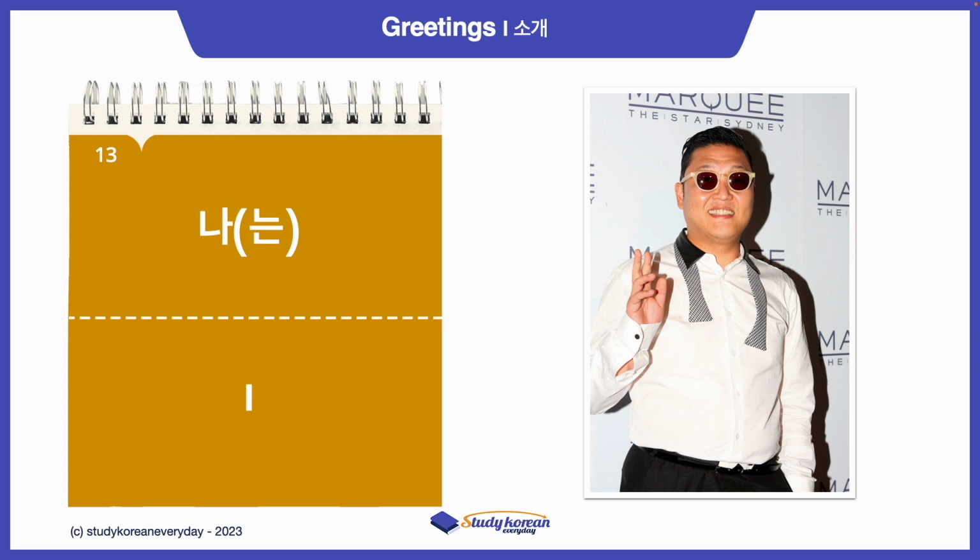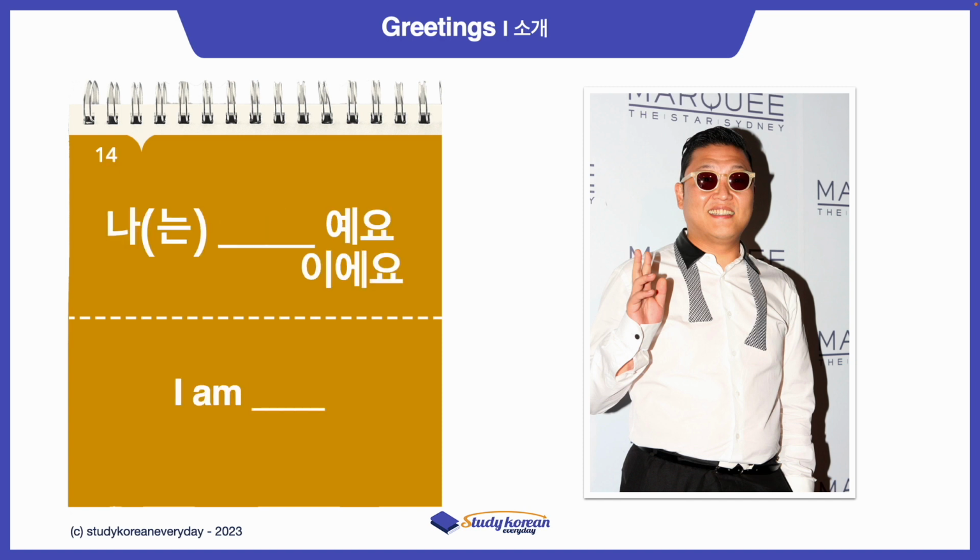So why there is another I? 나 means I, but which is used between very close friends and family members, as this is very casual form of I. Meanwhile, 저 means formal and polite. So 나는 I, noun, 예요. I, noun, am.